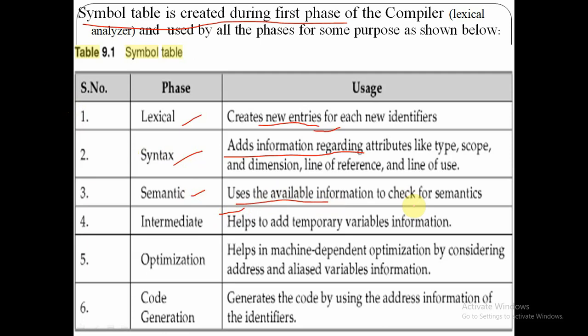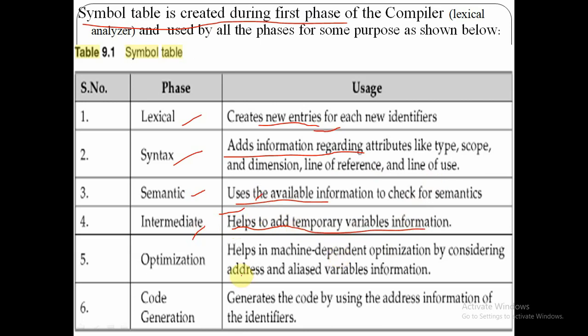That means the semantic analyzer verifies type checking, for example, and during type checking, the semantic analyzer uses the symbols information found in the symbol table. Next one, intermediate code generator. It helps to add temporary variables information into the symbol table that will be used in the next phase.